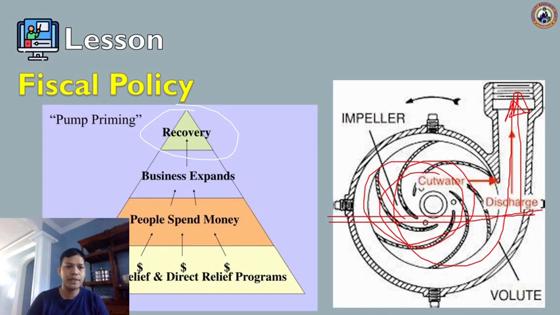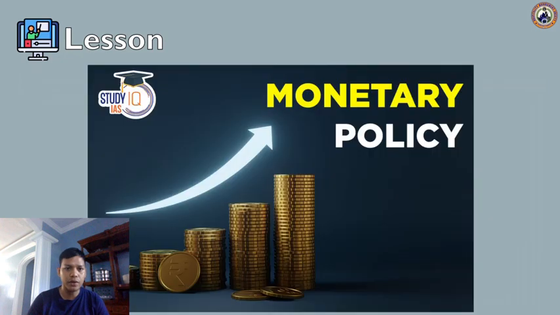So we are done with the fiscal policy and now we will move on to monetary policy. The monetary policy refers to the actions undertaken by a nation's central bank to control the money supply to achieve macroeconomic goals that promote sustainable economic growth.